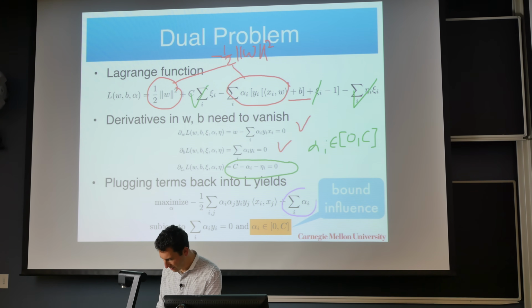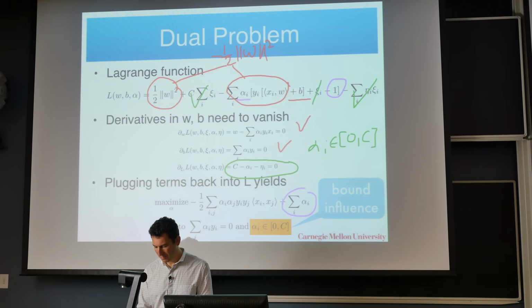That term here came from there, right? Because we had the alpha i's here and there. And we get the same equality constraint as what we had before. It's basically this term here. And then I get this additional condition that's written in green here.